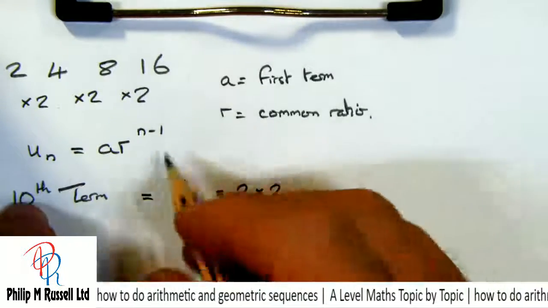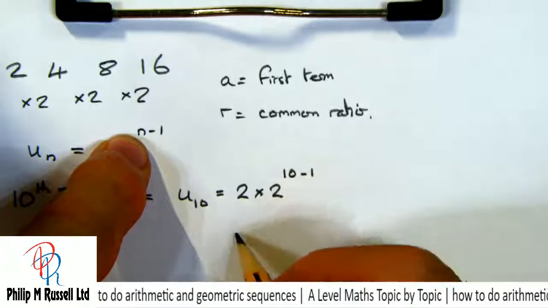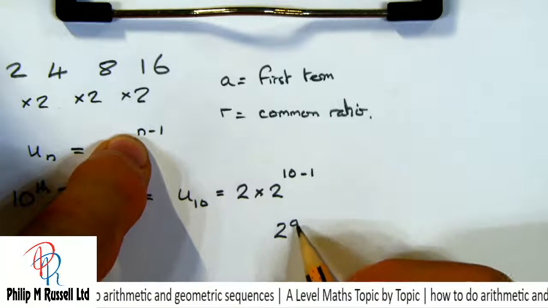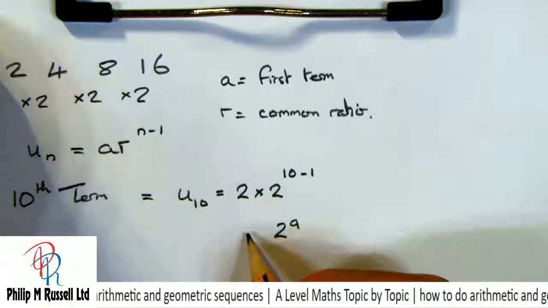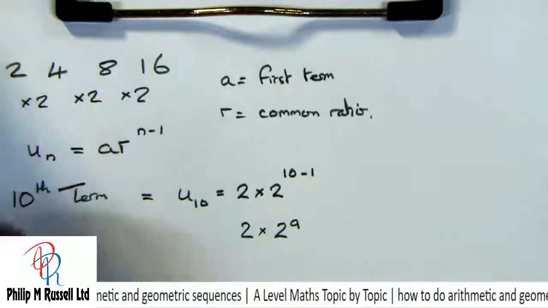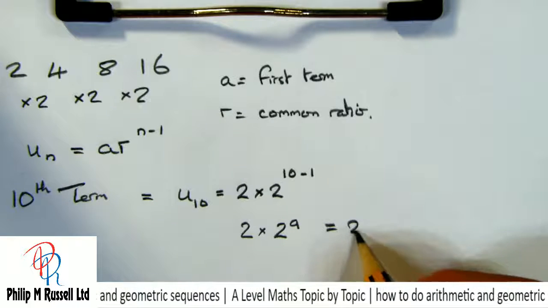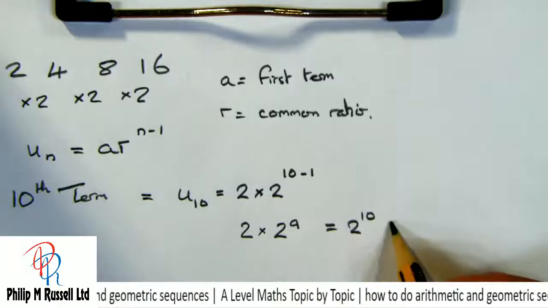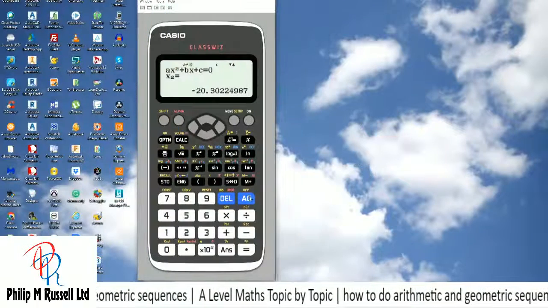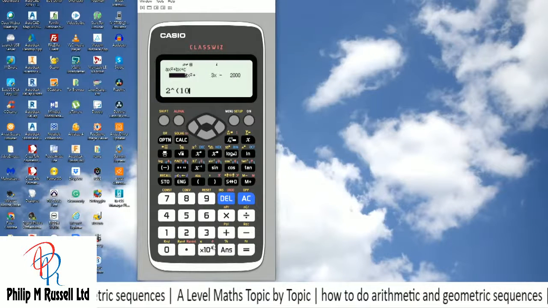And our 10th term minus 1, so it's going to be 10 minus 1, which gives me 2 to the 9. So all I need to do is work out 2 to the 9 times 2, which is in fact very easy because that's going to give me 2 to the 10 by pure luck here, and I can simply pop over to the calculator and put in 2 to the power of 10.